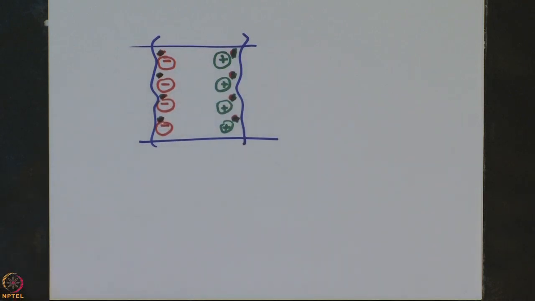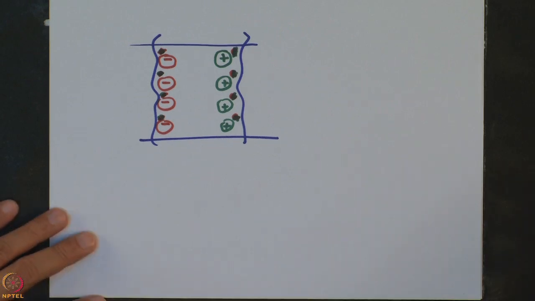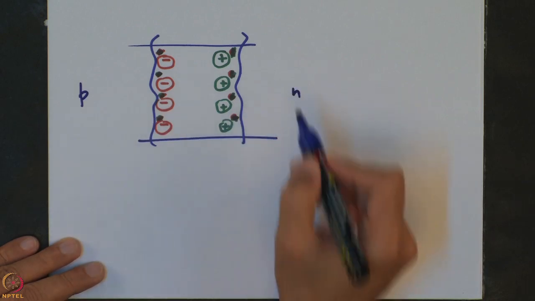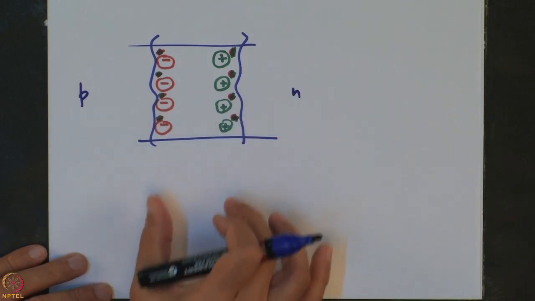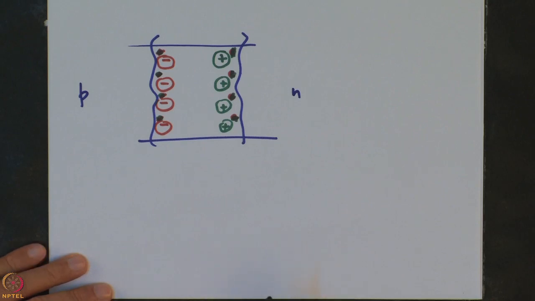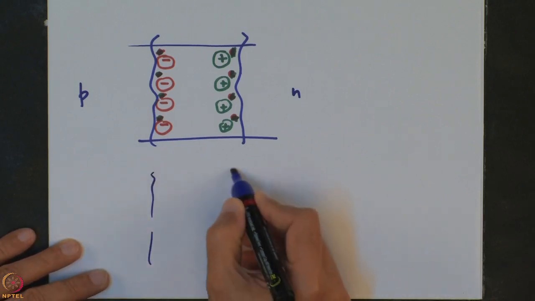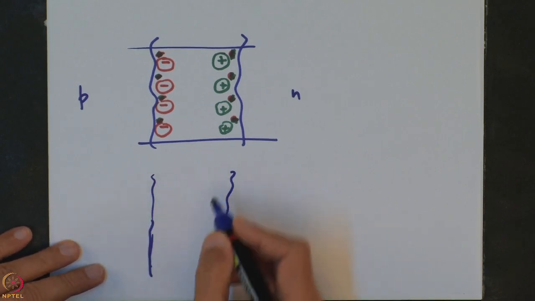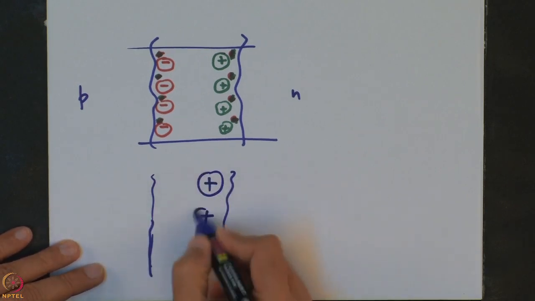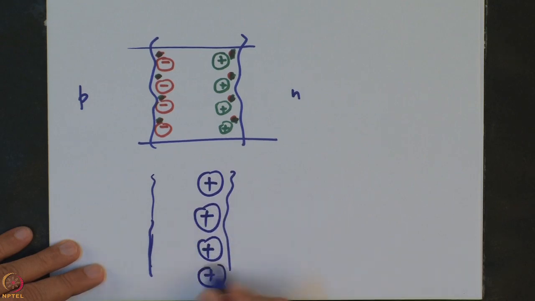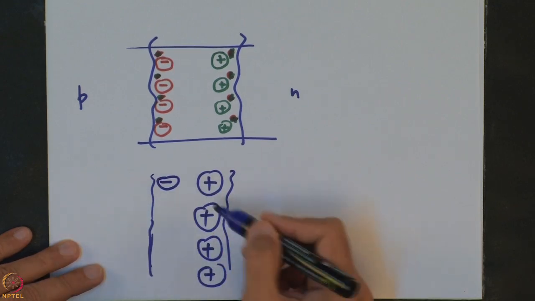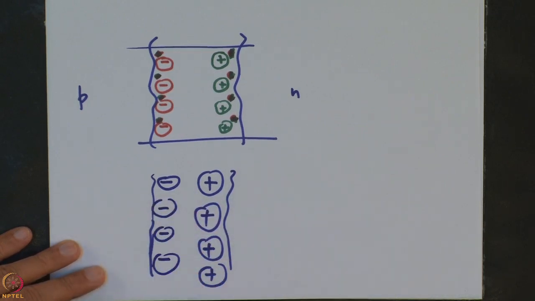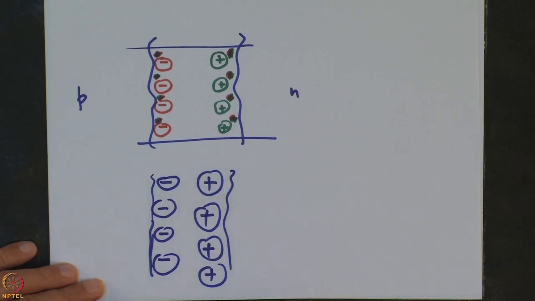So, basically what happens is that you end up with a region, so p type, n type, and you actually end up with a small region between this p type and n type material, which is made up of these ions, positive ions on this side and negative ions on this side, and there are no charge carriers in this region.